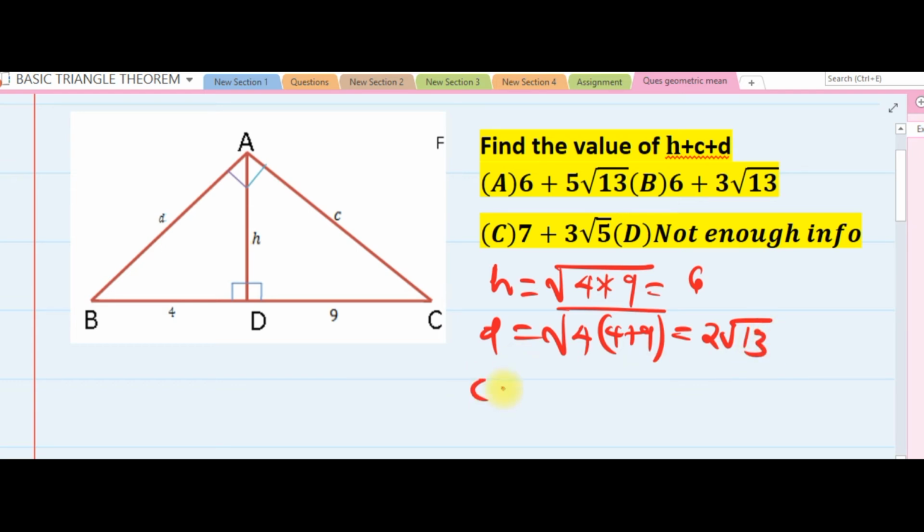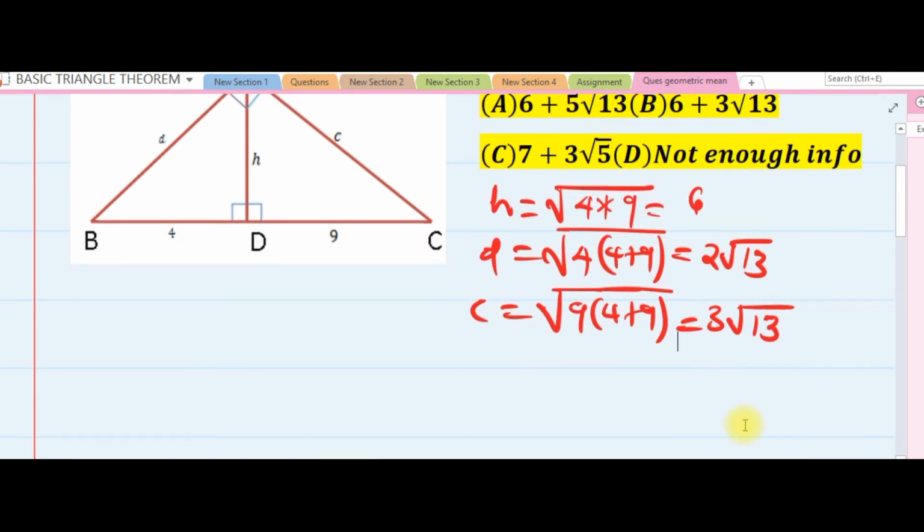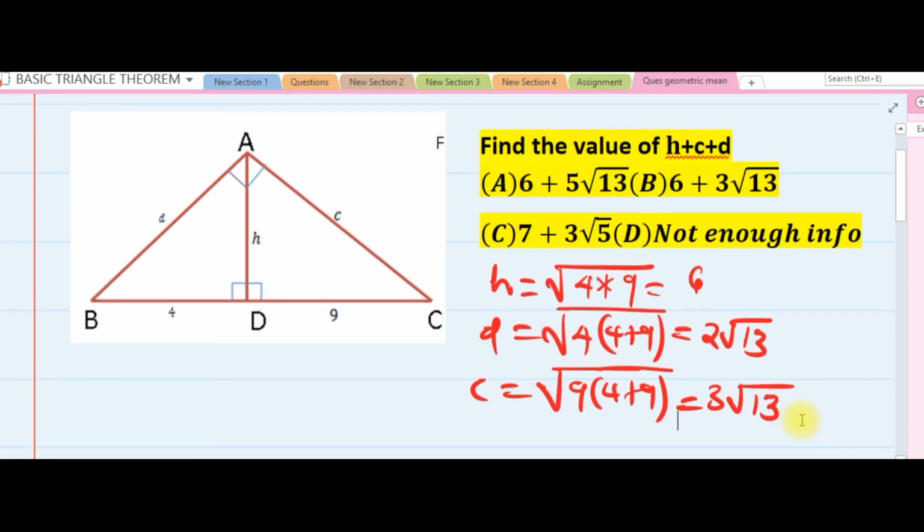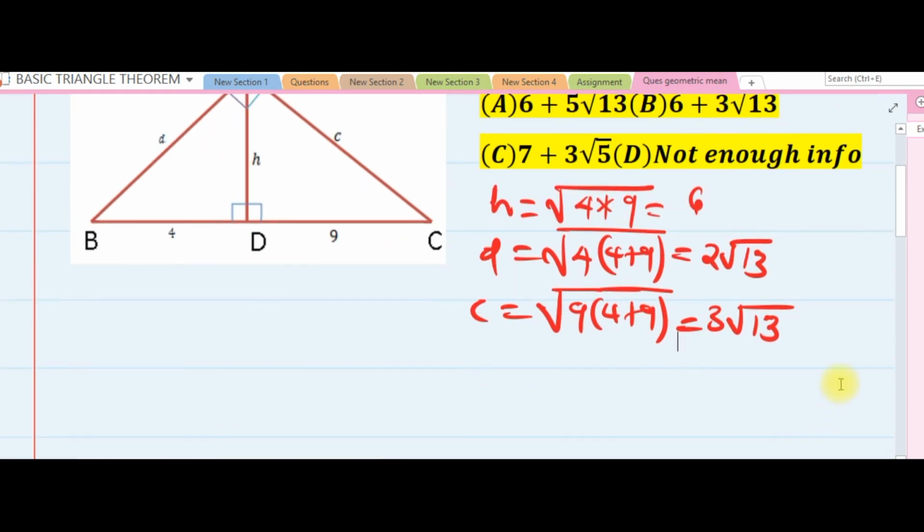And c must be square root of 9 times 4 plus 9. Square root of 9 is 3, and 13 has no perfect square root. So we are now asked to find h plus c plus d.